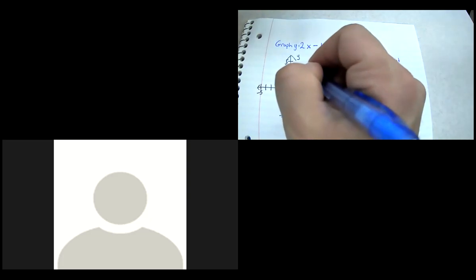We can also do the opposite, so we can go down 2, but then we have to go 1 to the left as well. And then the third thing is connect the dots. We connect the dots to make our line.